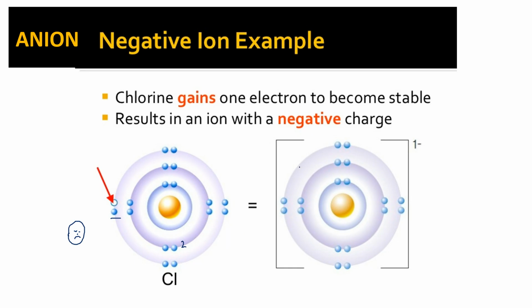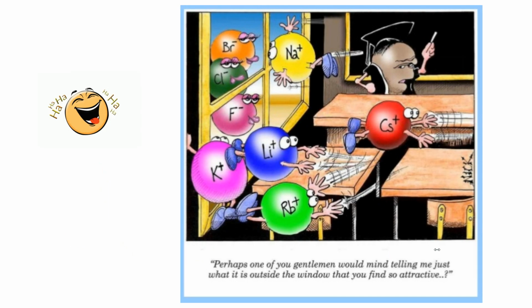Well, it's actually easier for chlorine to gain 1, so if you notice, we keep that 3rd energy level, but now we have 8 valence electrons as opposed to the 7 that we had originally. This is a happy sodium ion. We picked up a negatively charged particle, so we're now an ion, but it's a happy ion. It's a happy charged particle because it's got a full 8 valence electrons in that outer shell now.